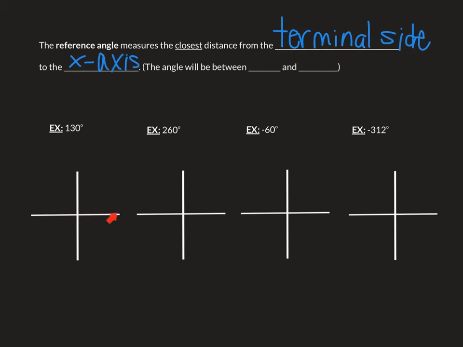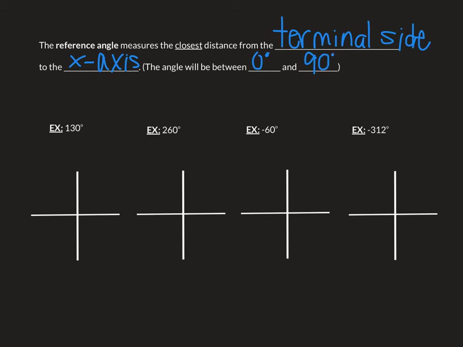Well, our x-axis is this horizontal axis. So we're measuring the closest distance from the terminal side to the x-axis, meaning the closest distance is going to have to be between 0 degrees and 90 degrees. It can't be bigger than 90 degrees because then it's not the closest angle.